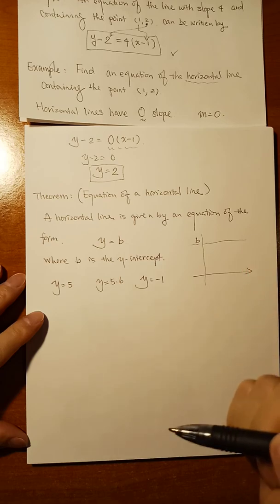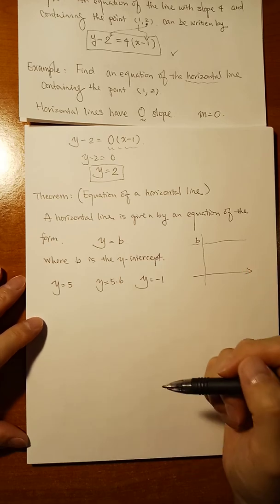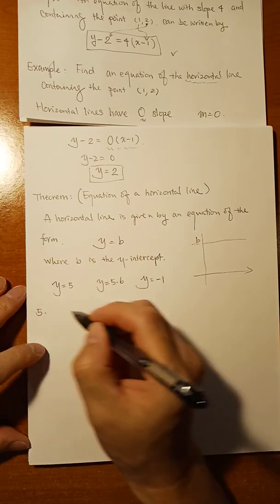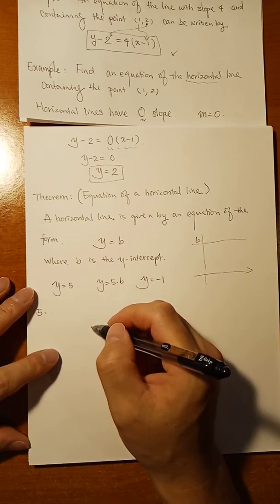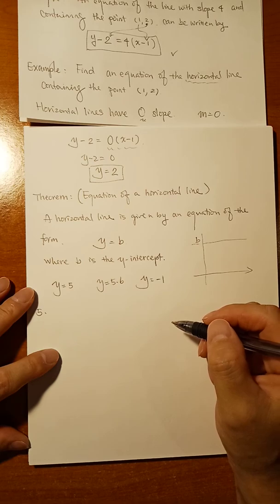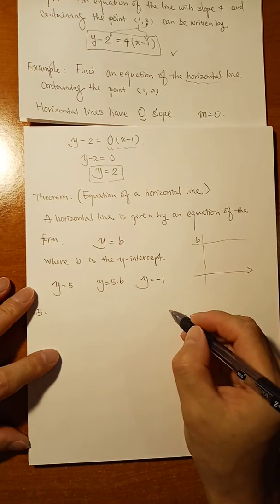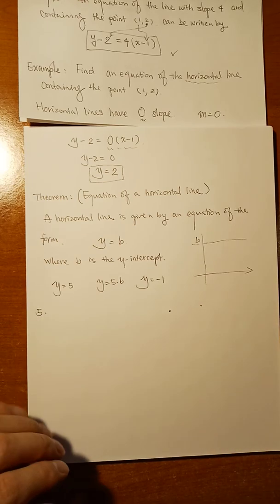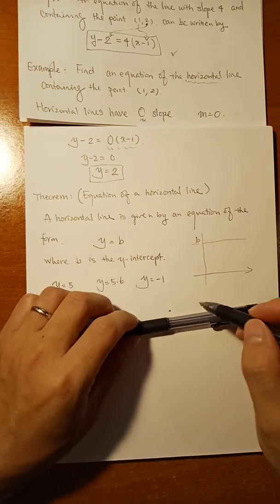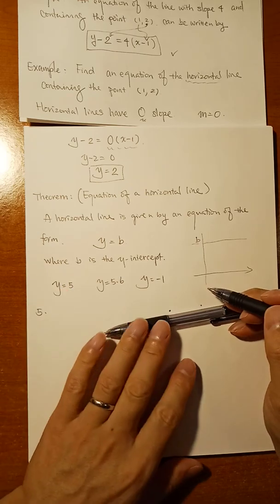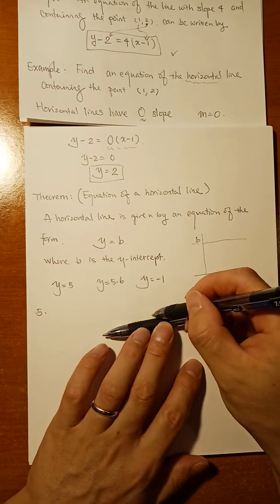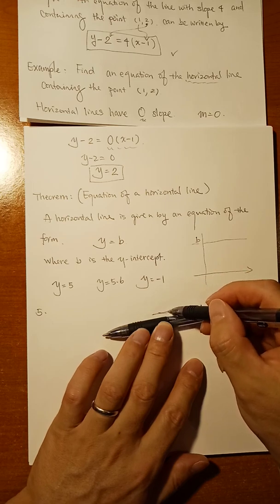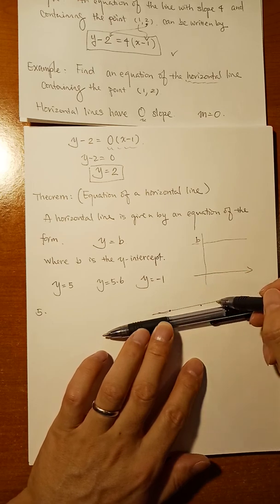Point slope form plus vertical line. And let's see another job. Sometimes I say, okay, I have a point, I have another point, and then I use a ruler to draw the line through these two given points.